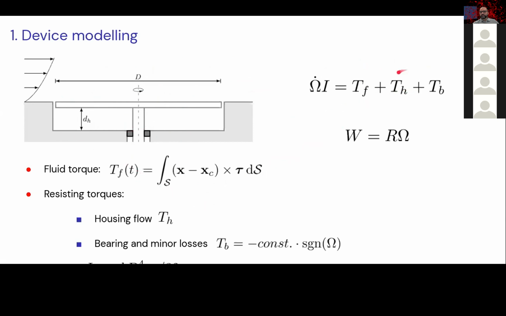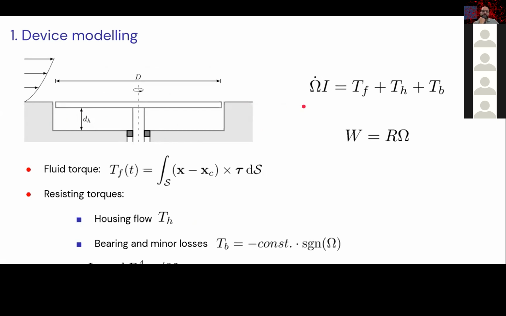And then we have TH. TH is the housing torque, which is generated by the flow occurring in the cavity, which is filled with fluid. And we will expand in the next slide on this.